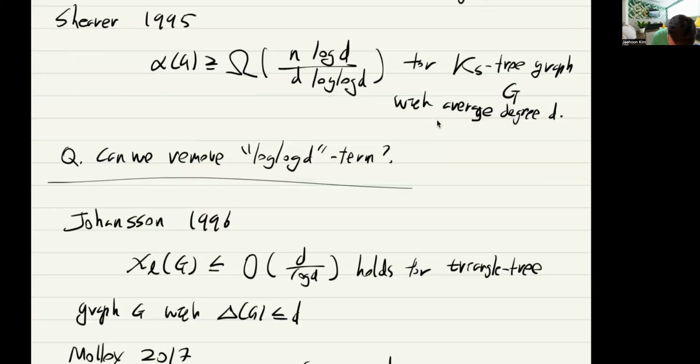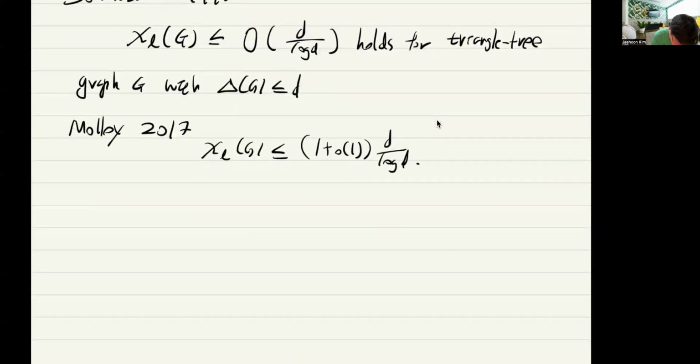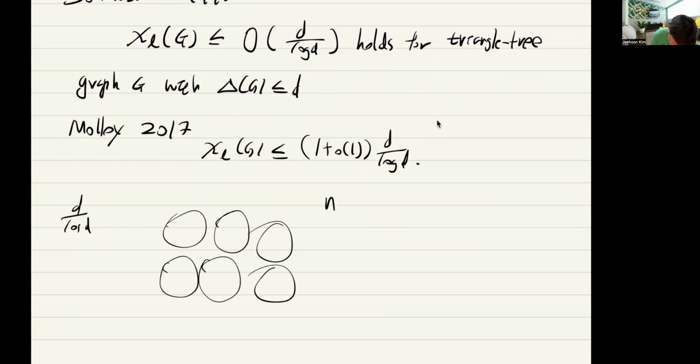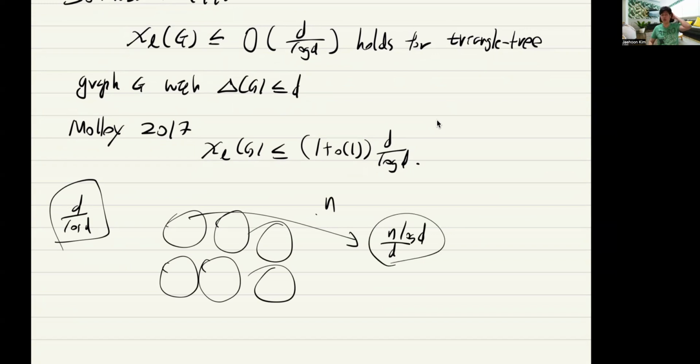So what does it mean? If you have a chromatic number, let's say at most d over log d, you can just partition all n vertices into many independent sets. And then if you take one of them which has the largest size, then that has size this. So instead of finding one, you can even partition your graph into independent sets of almost optimal size.